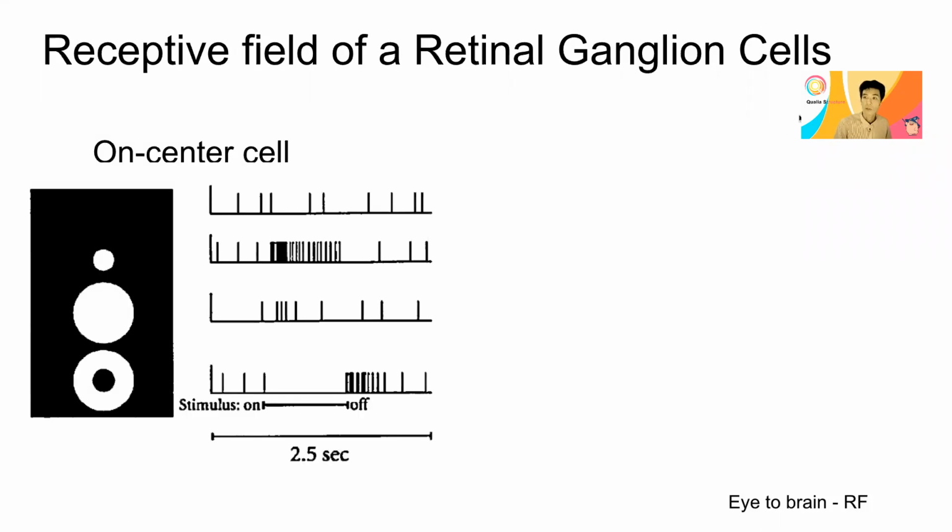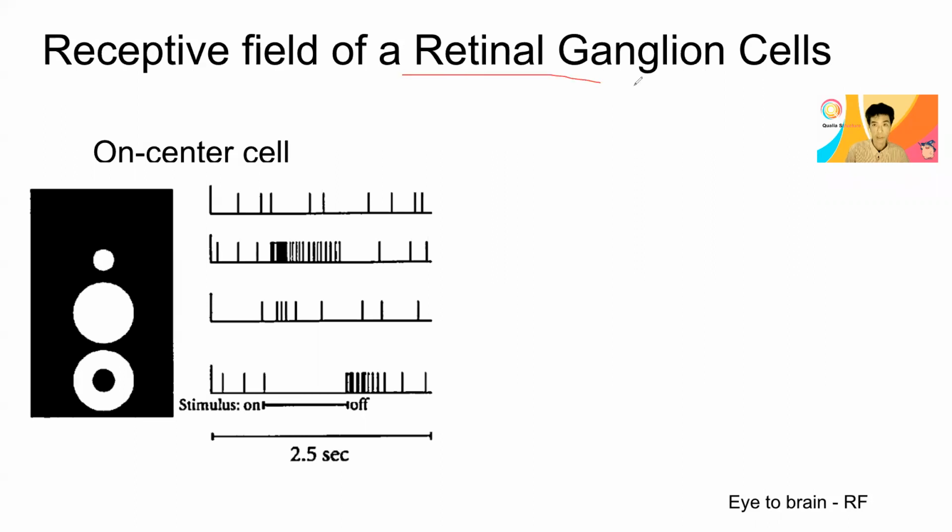All right. Now the property of the receptive field of retinal ganglion cells. On-center cells are one type of retinal ganglion cell in the retina. By the way, the x-axis here is always time over 2.5 seconds.